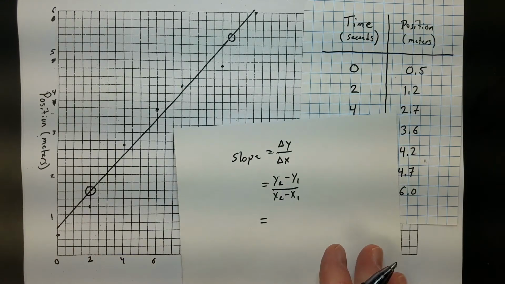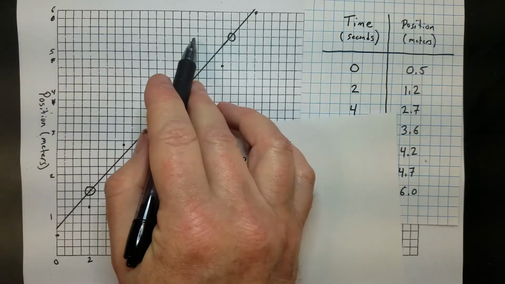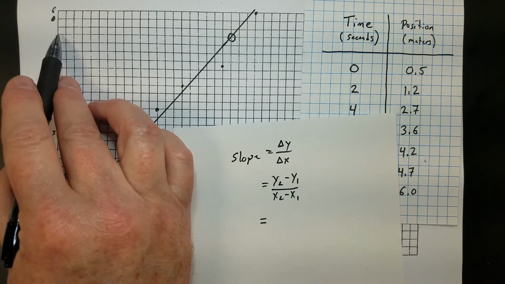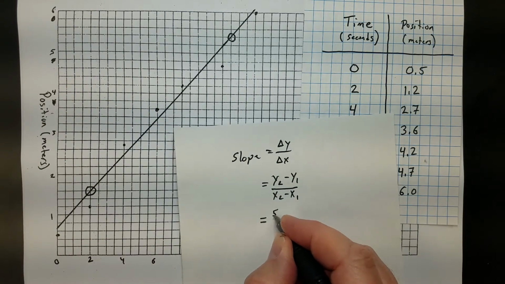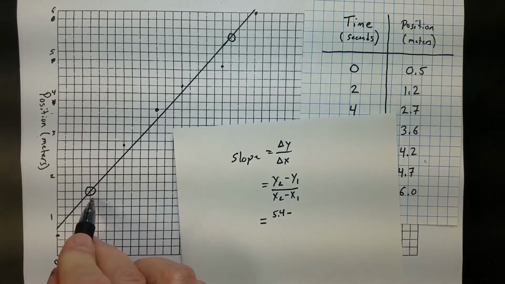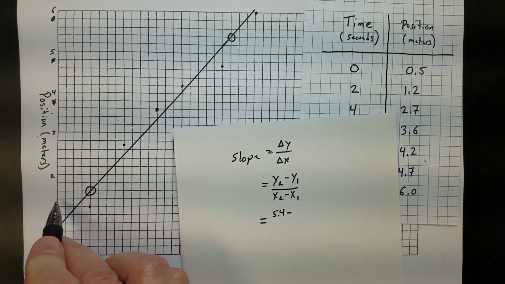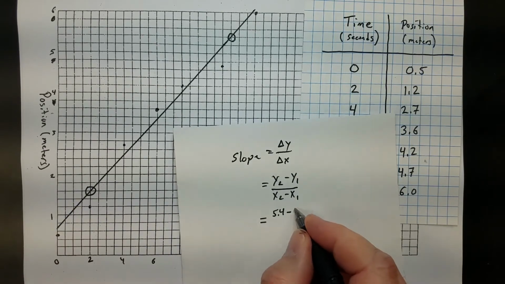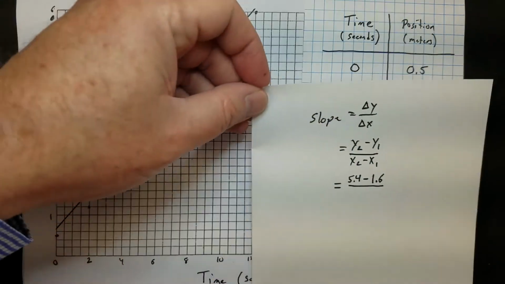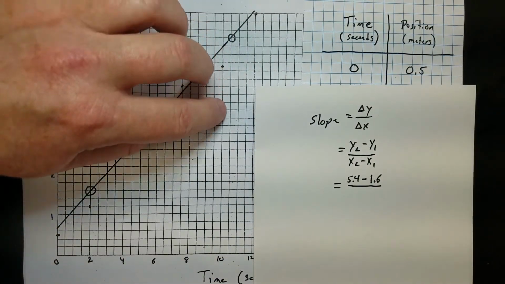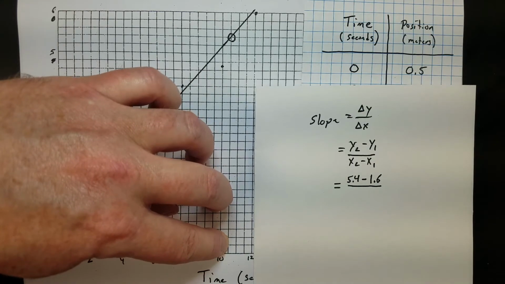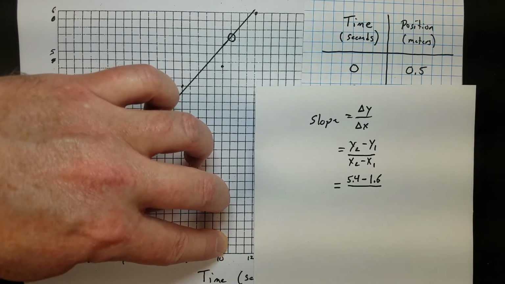And so if we look at that, we've got this point here. That's 5, that's 5.2, 5.4. So that's 5.4. Y1 will be this point, which that's 1, 1.2, 1.4, 1.6. Over on this axis, that point is 10 and a half.